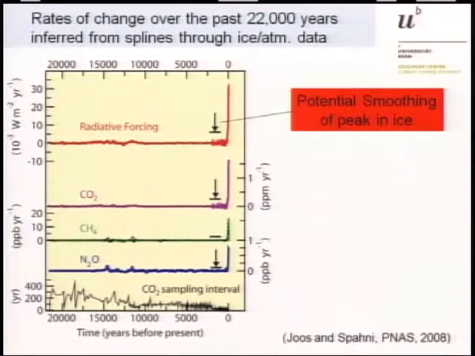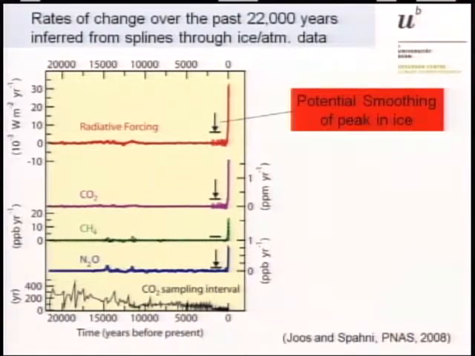And if we take into account the smoothing of the anthropogenic CO₂ peak, that's indicated here by this black arrow, you see that the magnitude of order 4 watts per square meter and century is greatly reduced to this level here, but it's still considerably higher than anything else that is recorded in the ice core over the past 20,000 years. And the same holds true for CO₂, as well as for methane.